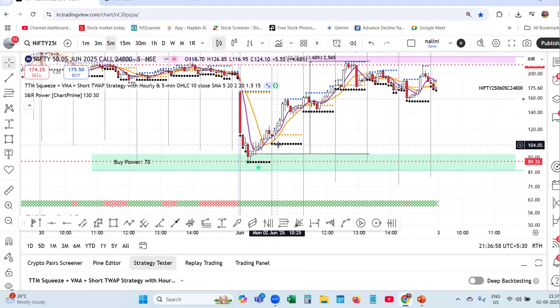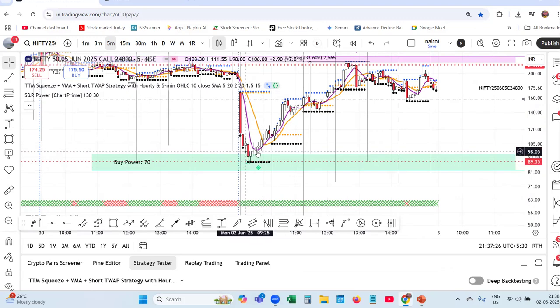You should observe that. When the open is very near to the low, and the price starts moving above this open, and also the price is above TWAP and above the VMA, then it is a confirmation. So you can take the trade, enter the trade, and keep your stop loss.